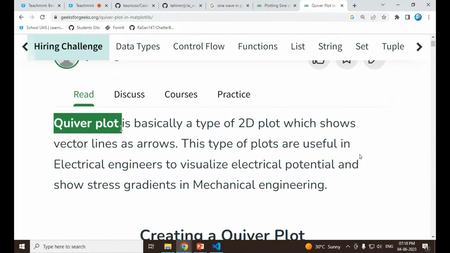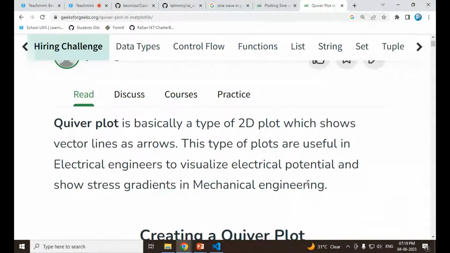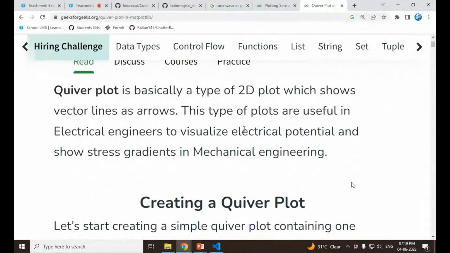Okay, it's a type of plot whose work is to plot the points in 2D space. The vector will be presented on the plot with the help of this keyword along with a lot of other parameters. Okay, let's understand. They're telling us it is used in electrical and mechanical for electrical and mechanical stress gradients.